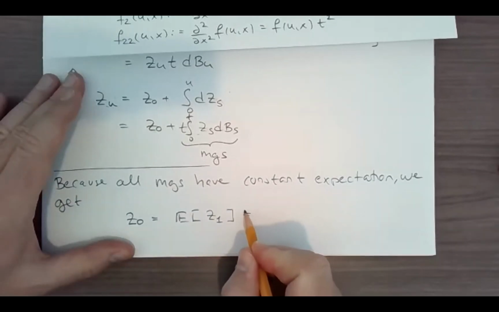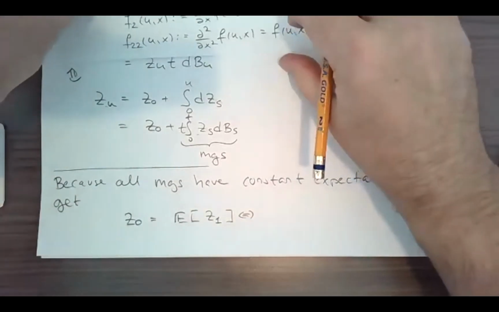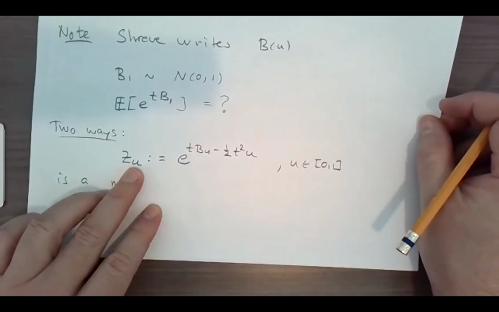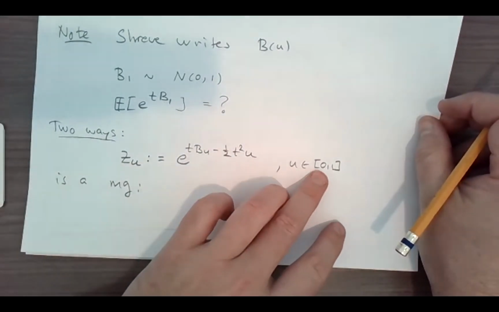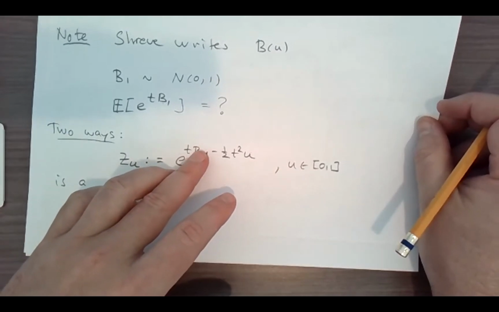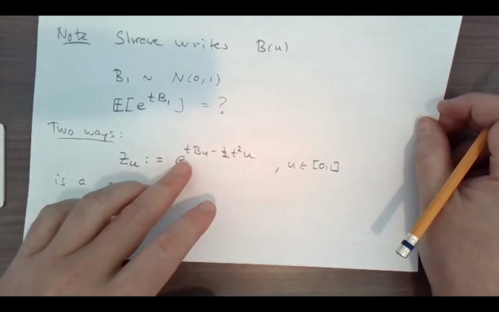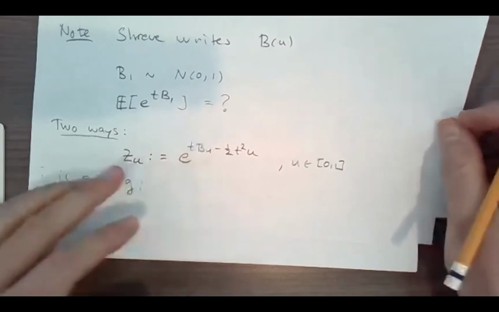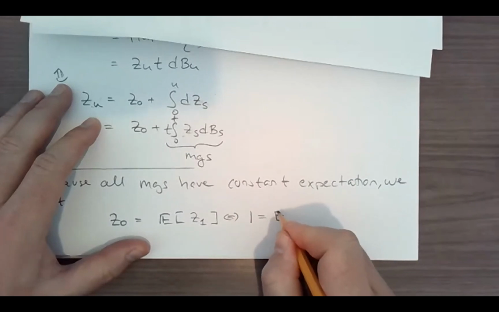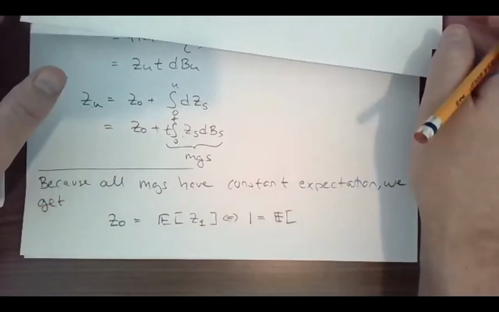Right, but that's the same. If I look at what Z was, I plug in U equal to 0. Then Brownian motion times 0 is 0, and U here is 0, so this is e to the 0, which is 1. So this is the same thing as saying that 1 is equal to the expectation of Z1.